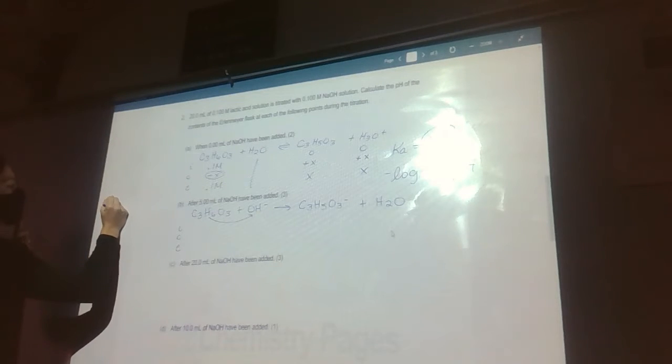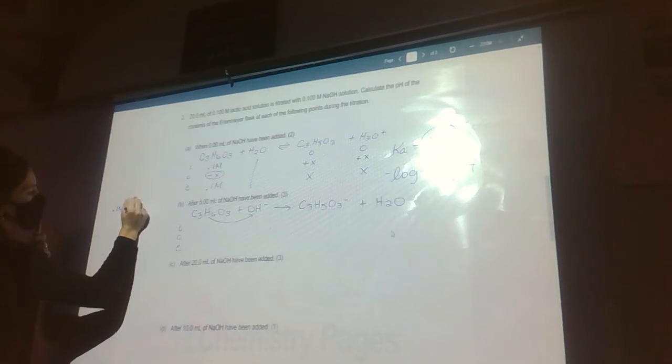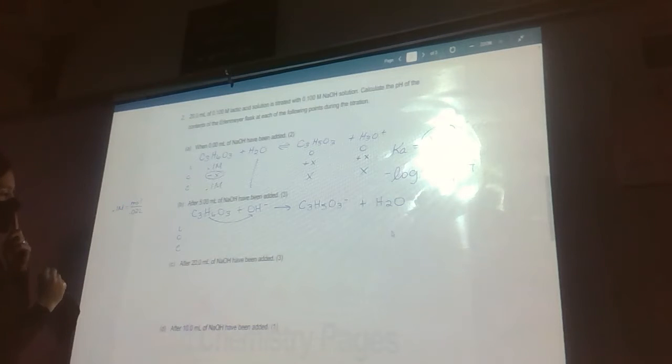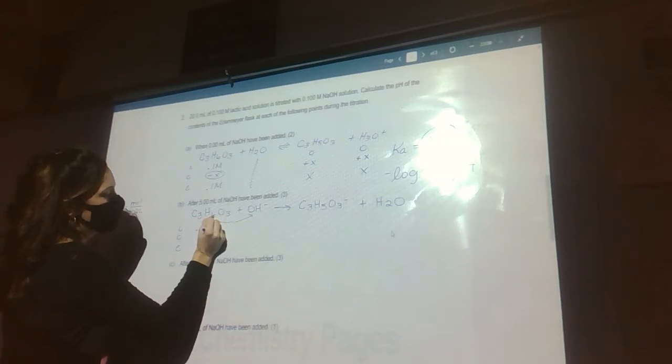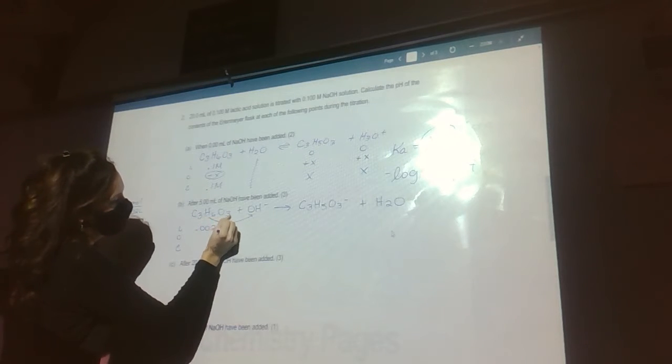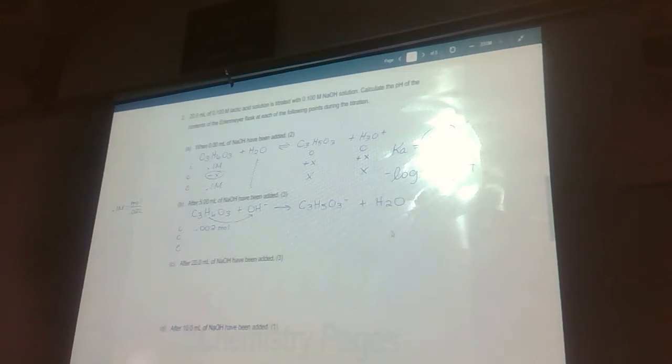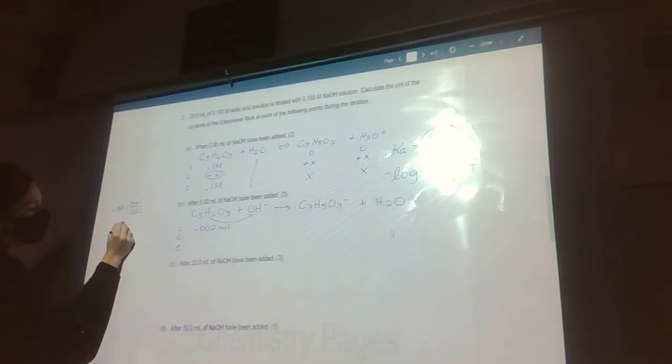So lactic acid, I have 0.1 molar, and it's 0.02 liters. So 0.002 moles. My sodium hydroxide is also 0.1 molar, but I only have 5 milliliters.